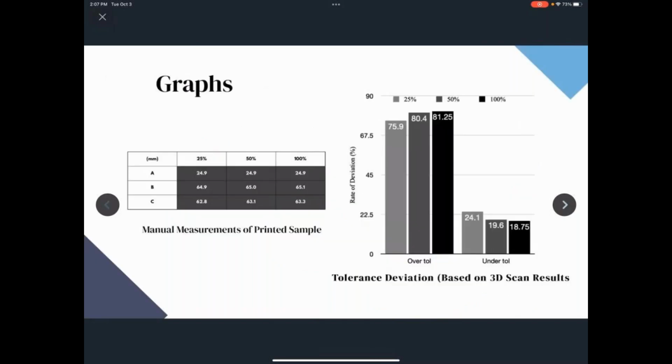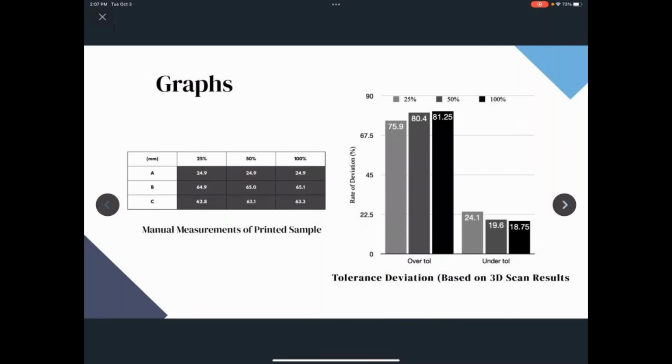As we can see, for the 25, 50, and 100, the internal gap was constant between all of them. The real measurement was 25, but the manual measurement decreased by 0.5 percent, from 25 to 24.9.